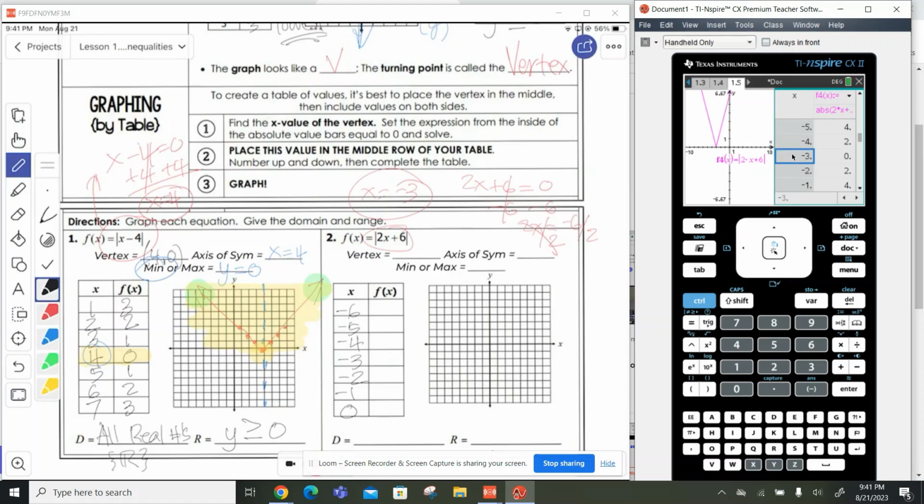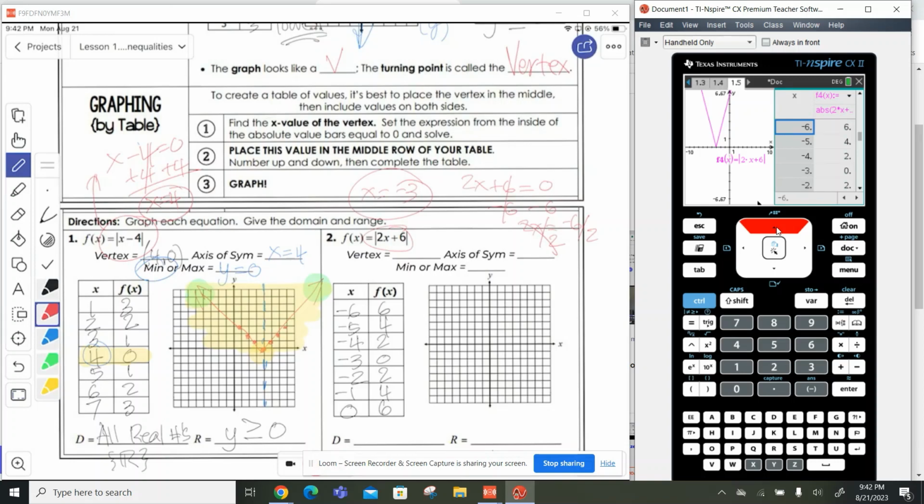Now let's get the values of the points above 0, or above the vertex. Negative 3 is 0, so 2, 4, and if we go one more up, 6. Now, like I said, it should be symmetrical, so we have 2, 4, and 6 as well. Now our table is complete, so let's go ahead and plot the points.